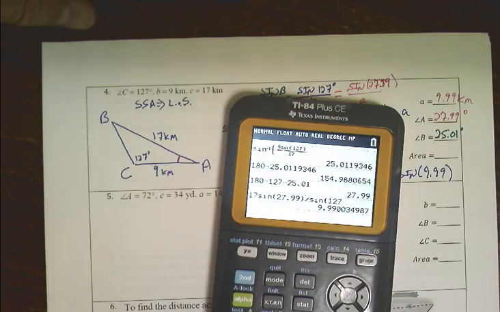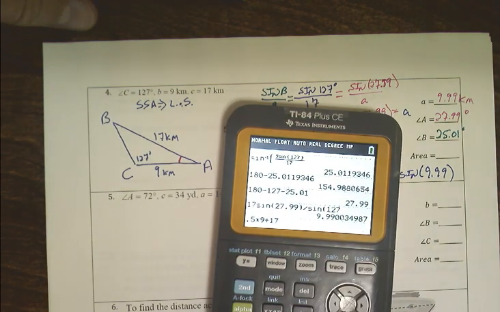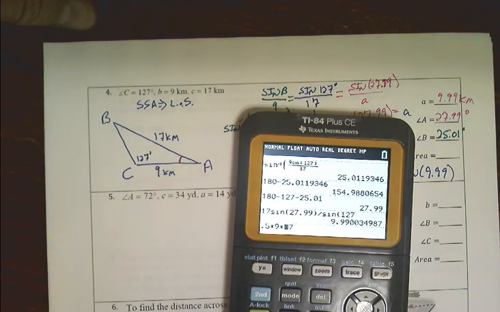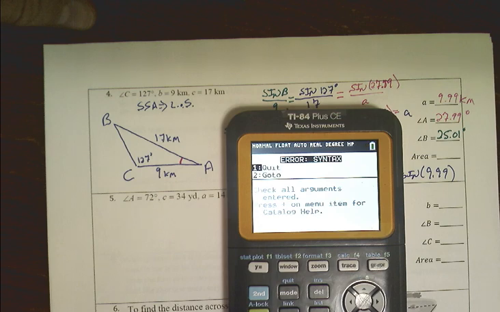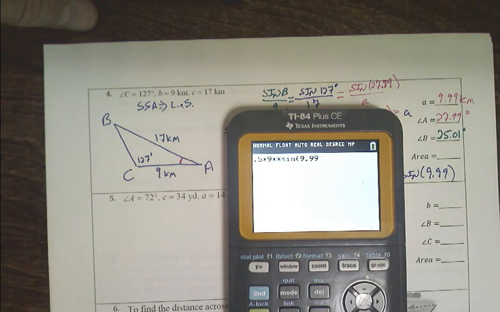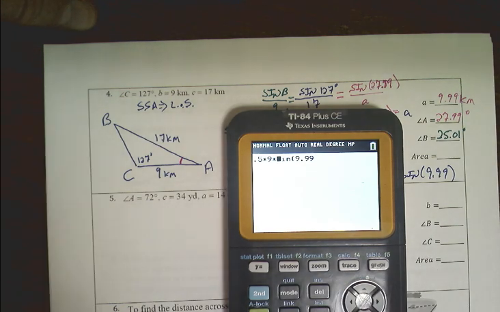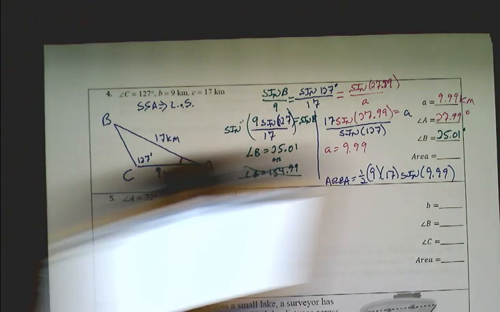So that should give us 0.5 times 9 times 17 times sine of 9.99. Syntax error. Syntax error means I put a typo in here. Where was it? Too many multiplications. 0.5 times, oh, I'm missing a times, 9 times 17.